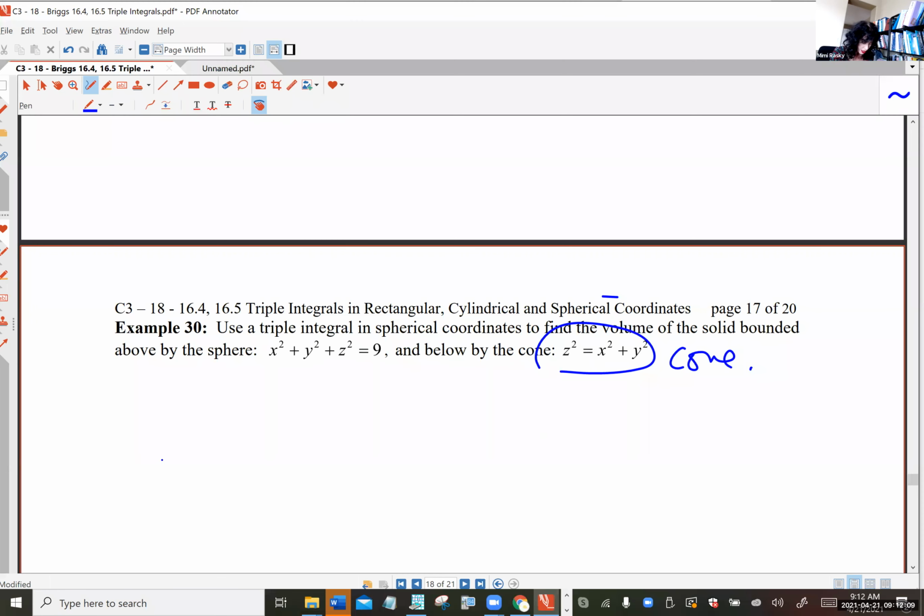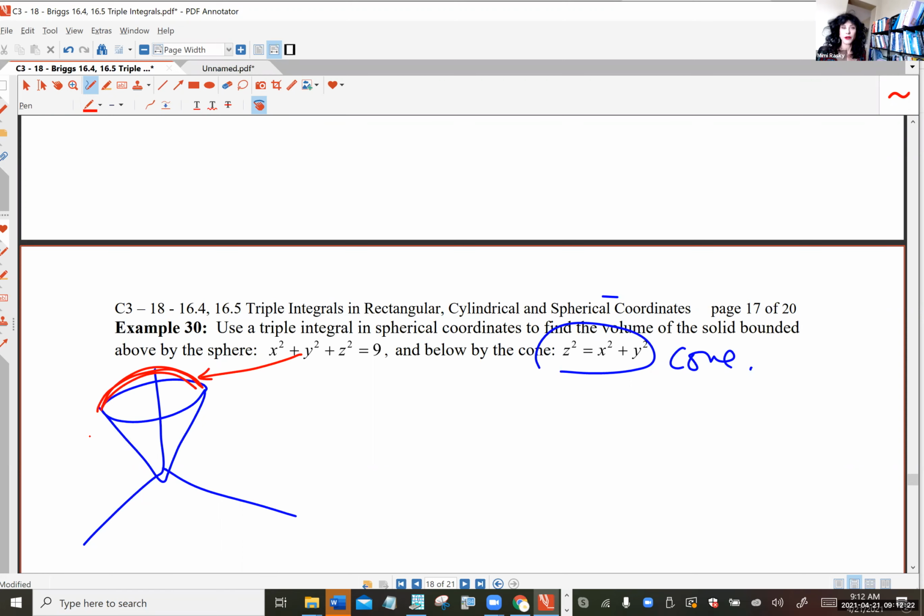So you've got the upper napped cone there, and then the ice cream there, that's the portion of the sphere that's making the ice cream. So this is our solid. It's an ice cream cone. How cool is that? Go find the volume of an ice cream cone. Well, at least we have some relevance here.